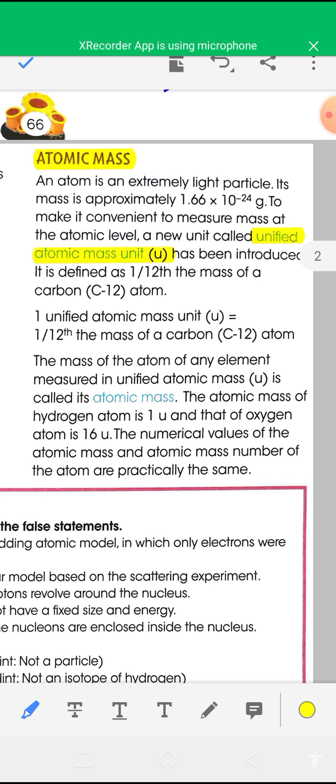It is a unit of mass, a very small unit for measuring the mass of an atom.